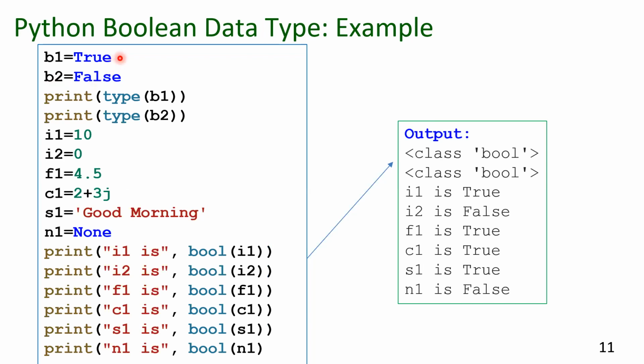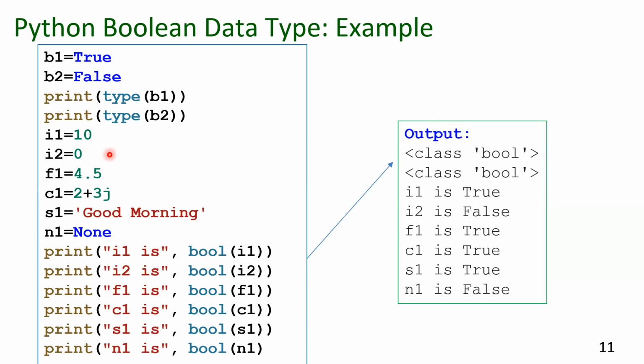Observe here there is no need of having any double quotes because these true and false are valid Boolean values. If you try to print the value or the type of b1 and the type of b2, here you can see both of them belong to the bool class.